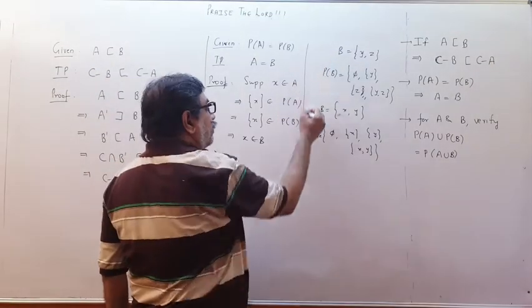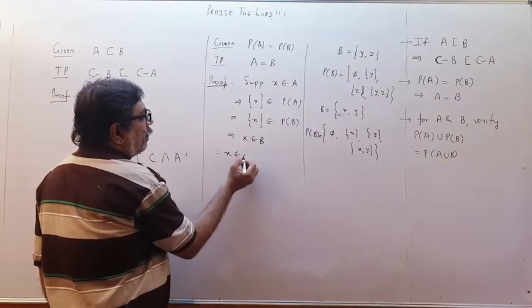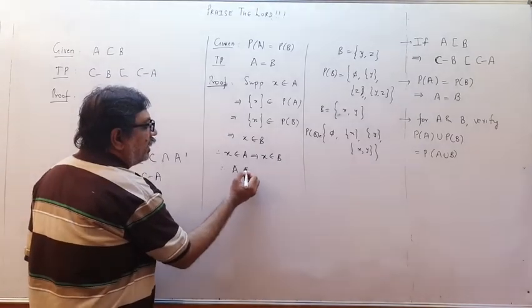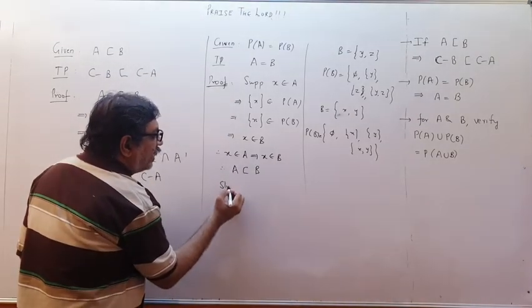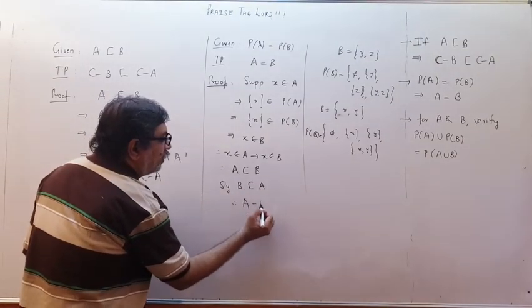So these are few examples that I gave you to understand. So that means X belongs to A has implied X belongs to B, therefore A is subset of B. And similarly we can prove B is subset of A and therefore A is equal to B.